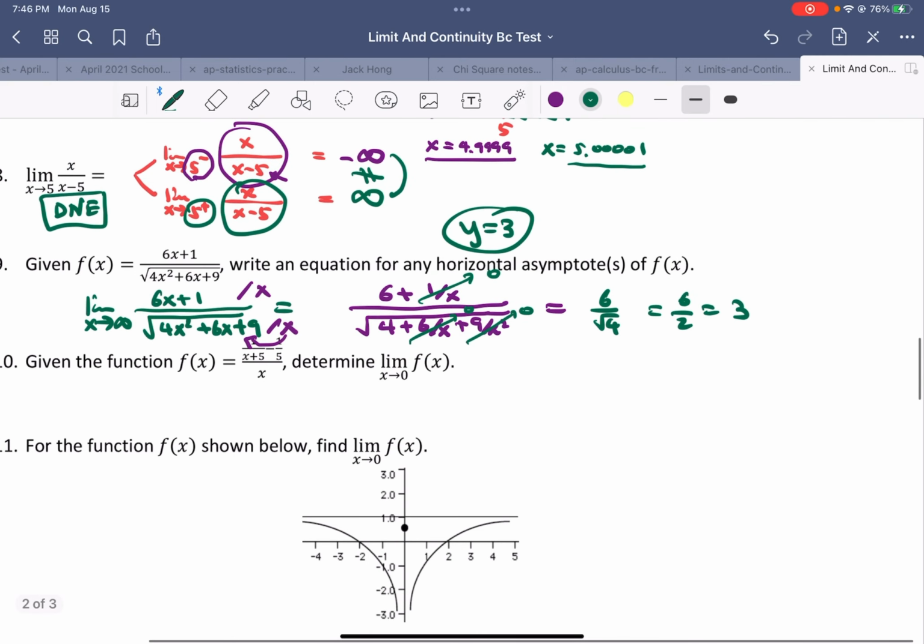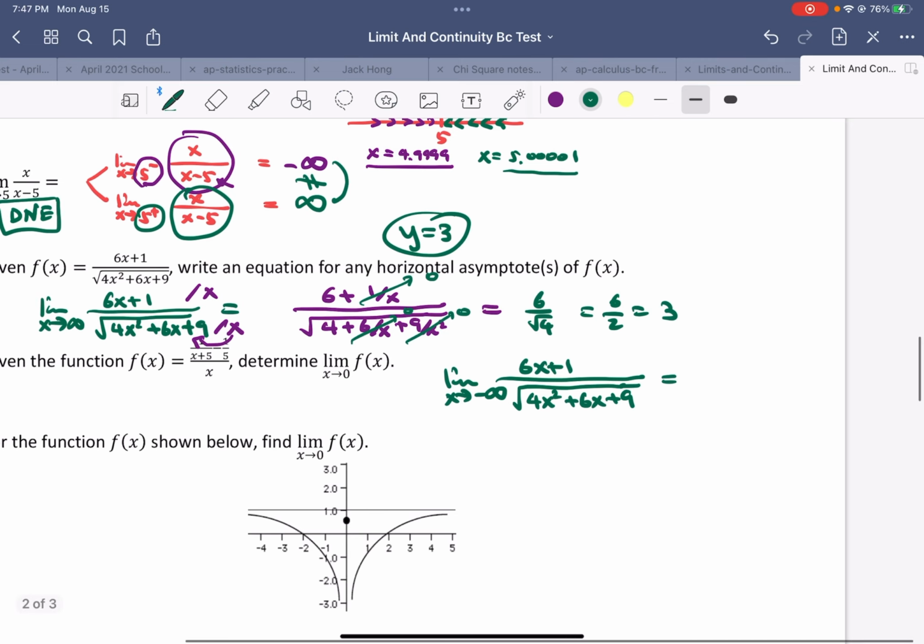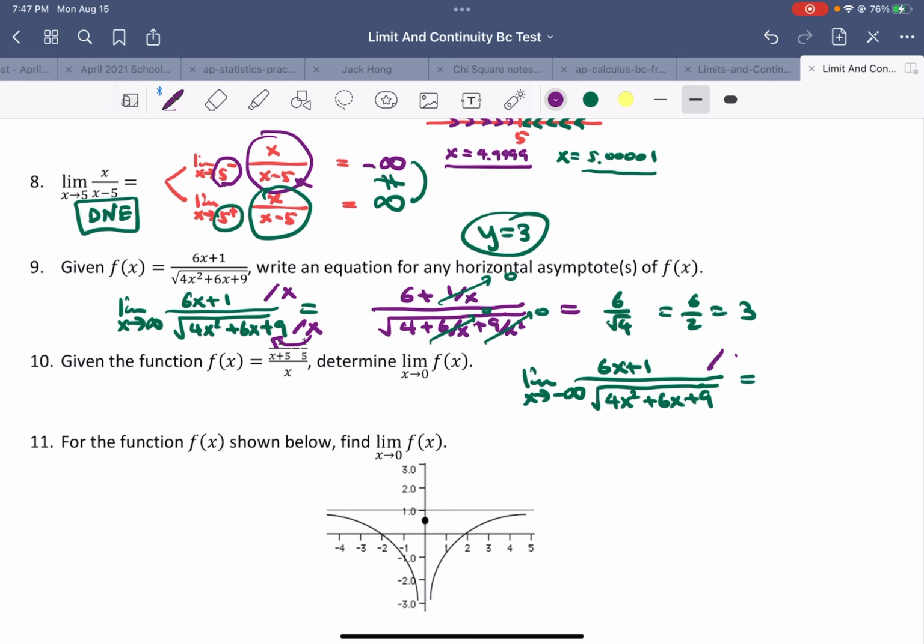Now, you're not done yet, because you also have to check when x approaches negative infinite. Okay, 6x plus 1 all over the square root of 4x squared plus 6x plus 9. A lot of people miss this one, so I want to be really careful. Same procedure, so I'm going to divide by x. But you have to be really careful on the denominator. The numerator is just 6 plus 1 over x, not a big deal, same as before.